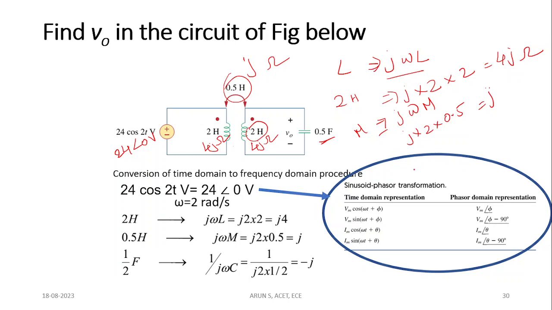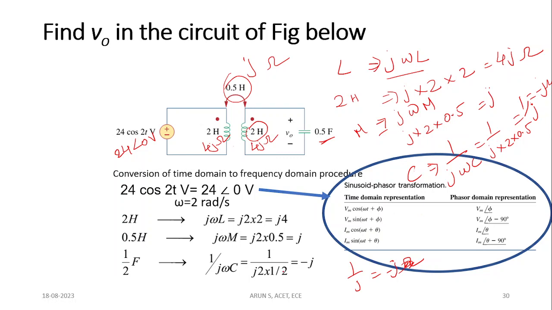For capacitance the formula is different: C is written as 1 by j omega C. So it is 1 by j times 2 times 0.5, and we get 1 by j. This 1 by j can be written as minus j ohm. In complex numbers, 1 by i is written as minus i; similarly, here we use j instead of i. So 1 by j is equal to minus j, and the unit for capacitance is also ohm.